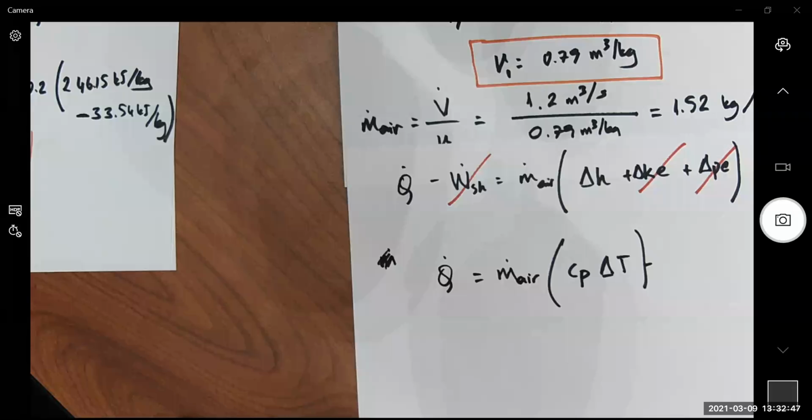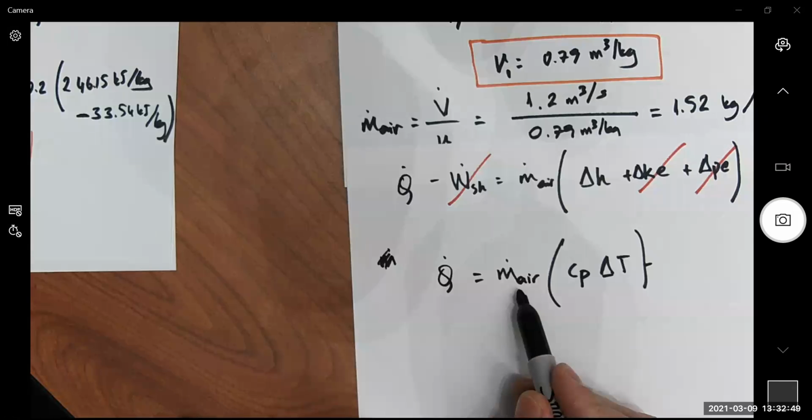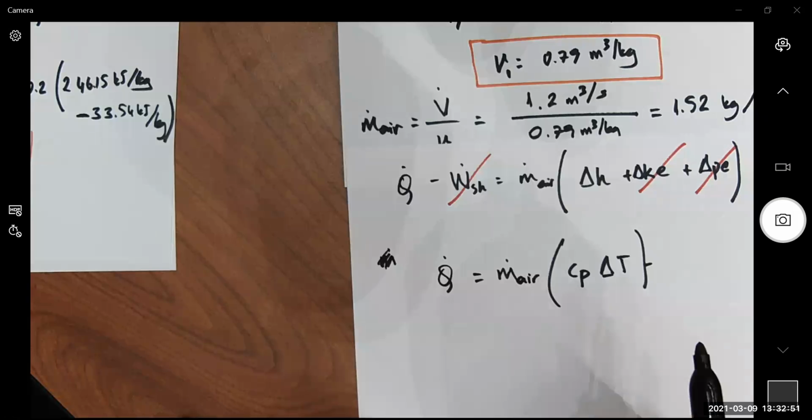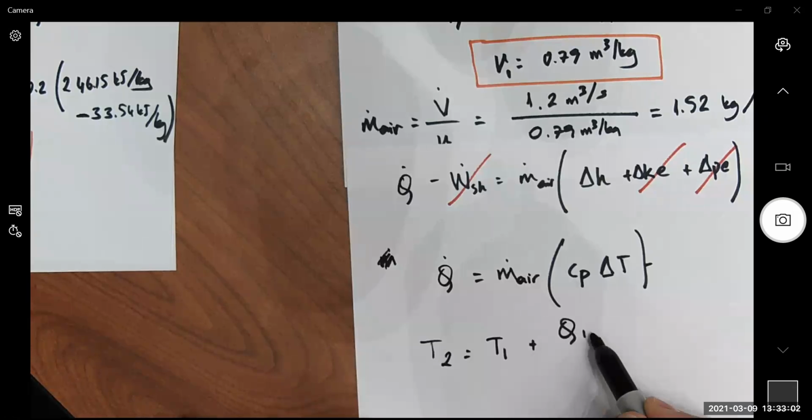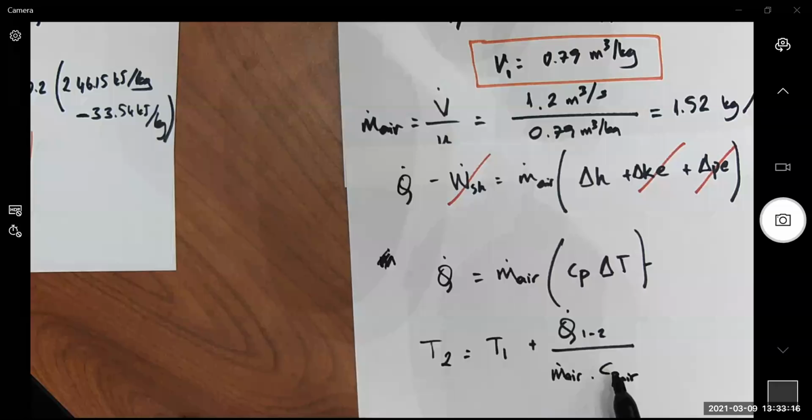Q, mass flow rate, Cp, delta T. I can now find T2 from T1 plus the heat transfer from 1 to 2 over the flow rate of the hot stream and Cp. I will leave this to you to read from your table, but make sure you can do it.